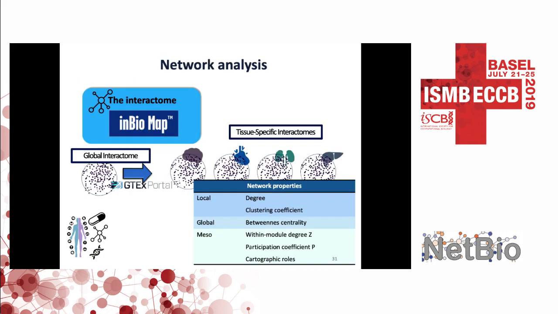For the network analysis, we apply these different properties, but in this case, we also explored tissue-specific interactomes, basically brain, heart, kidney, and liver interactomes because of their relevance to drug toxicity.